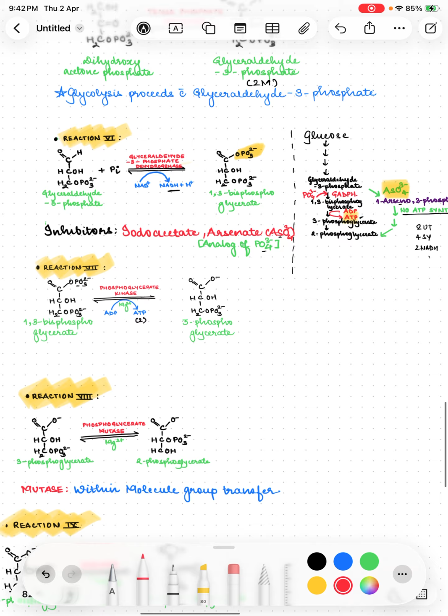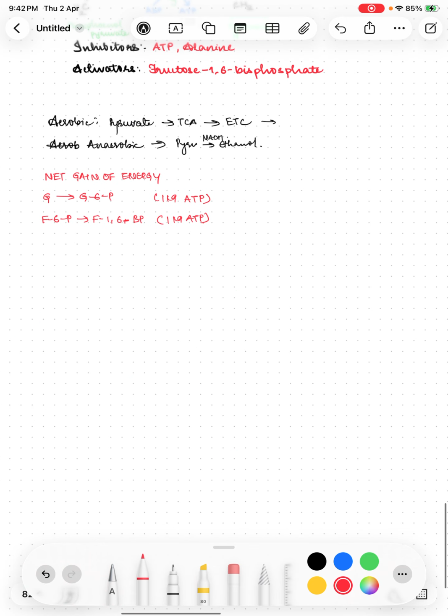Then during conversion of glyceraldehyde 3-phosphate to 1,3-bisphosphoglycerate, we synthesized 2 molecules of NADH plus H plus.